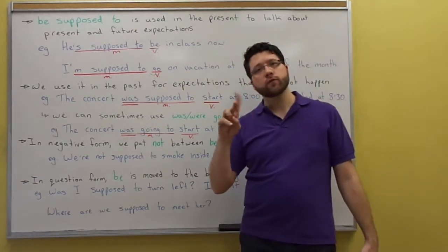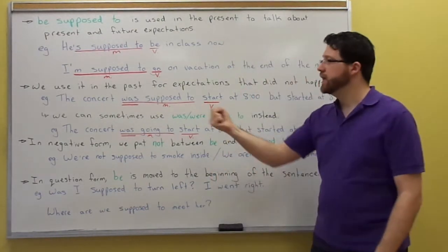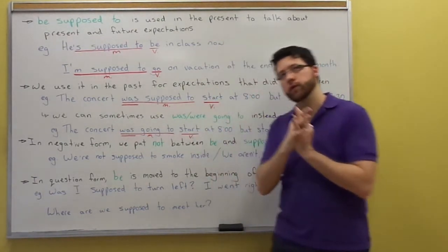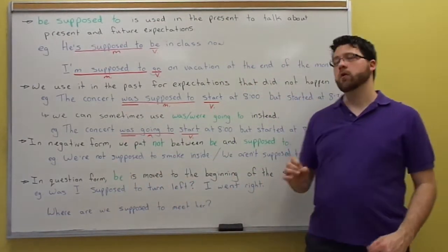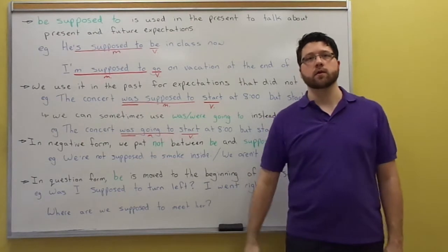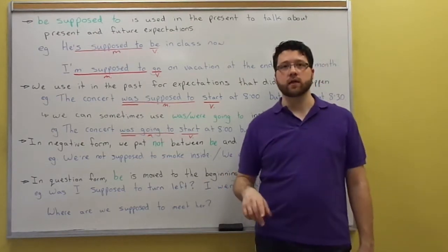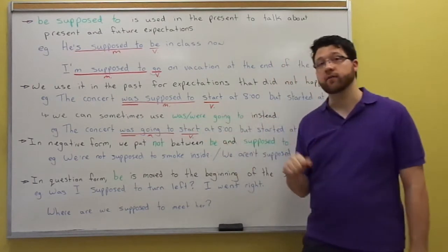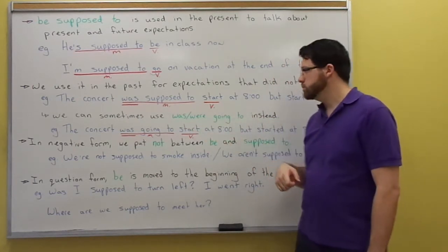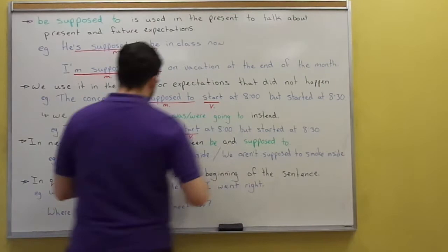And we have 2 different forms because we like to contract, we like to shorten things. In my first example, we're not supposed to smoke inside. If you smoke inside, someone will come and yell at you. Okay, so it's a rule. We're not supposed to smoke inside.